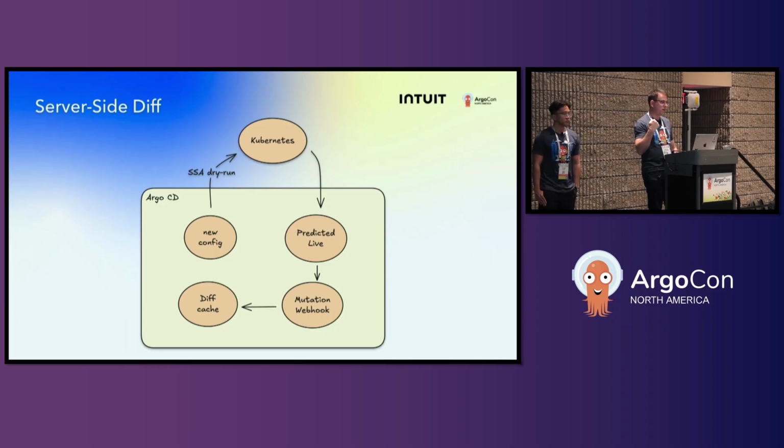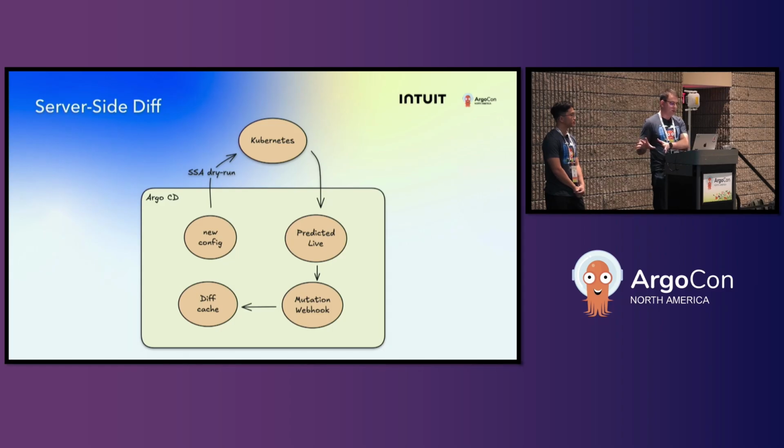The thing that was mentioned in the previous talk is the mutation webhook, right? Because now, as we apply, and it is Kubernetes that is actually generating this predicted live, we have returned from kubeAPI together the changes done by mutation webhooks that run in the server. And we understood from the maintainers group that the majority of users wouldn't want to have mutation webhooks automatically displayed to them.